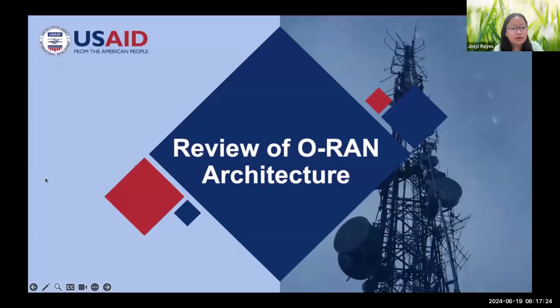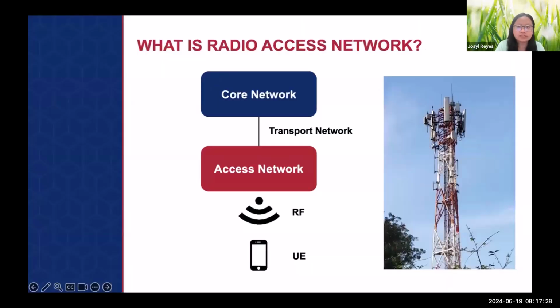Just to recall, we know that the radio access network is composed mainly of three parts: the core network, the transport network, and the access network. What we're focusing on in today's lesson is more on the access network, the radio access network.